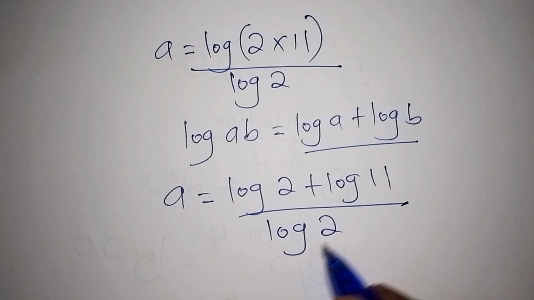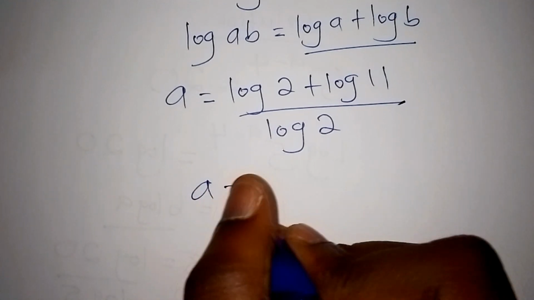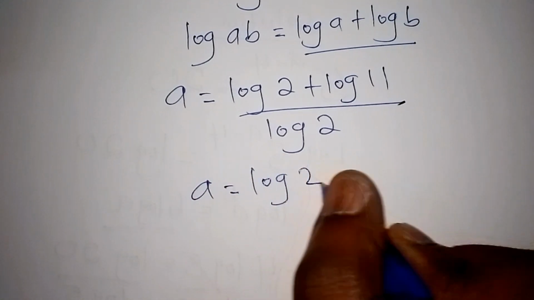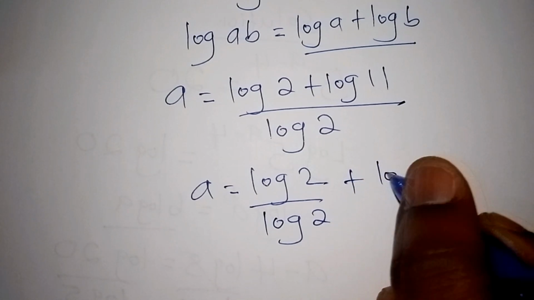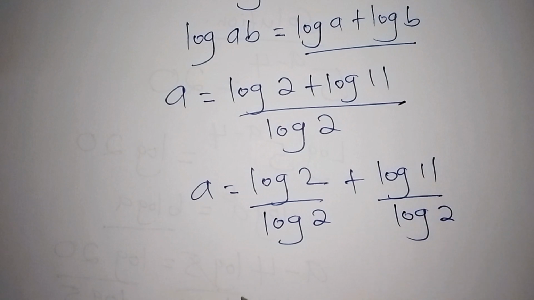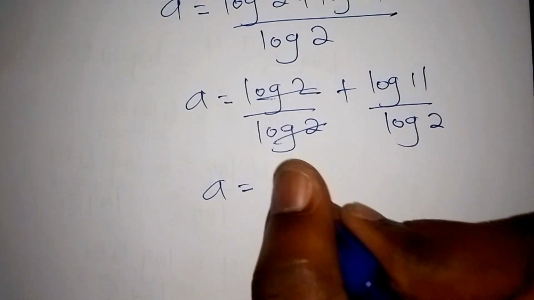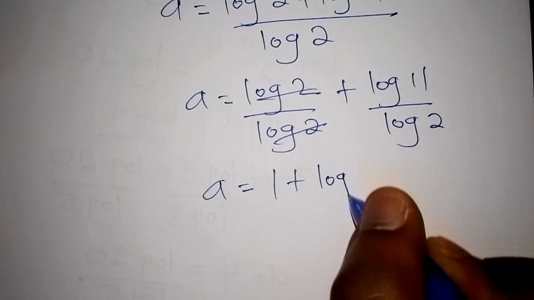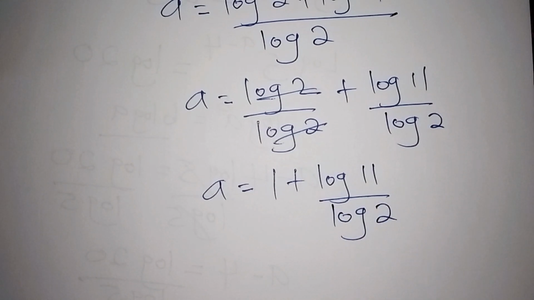Let's now split the equation so that we can divide both sides by the log of 2. Our a is equal to the log of 2 all over the log of 2, plus the log of 11 all over the log of 2. The log of 2 and the log of 2 cancel out, so we remain with 1 plus the log of 11 all over the log of 2.